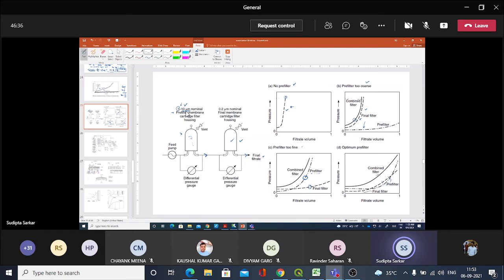Then you can see that this is the better situation. So you can optimize the pre-filter and you can have a better situation. Obviously this situation is not better.